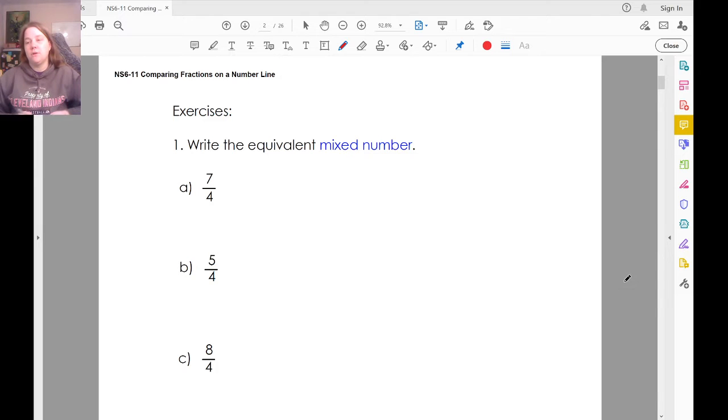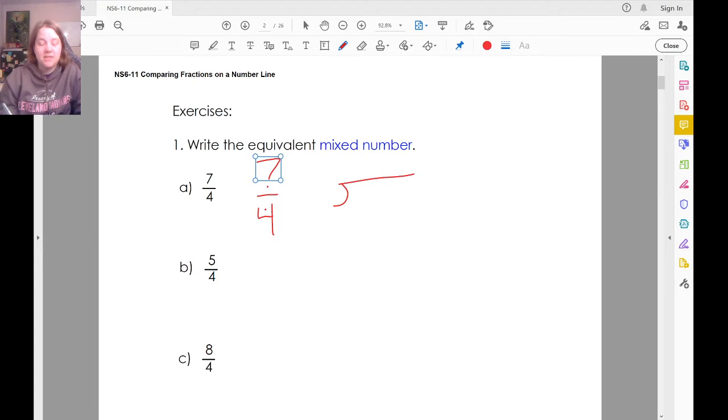So they want you to go ahead and write an equivalent mixed number. So if we have 7 fourths, we want to turn that into a mixed number, which means we want to make the L and divide. Remember that 7 over 4 is the same thing as saying 7 divided by 4, except to remember what number goes on the inside of the division sign, we're going to make the L on the fraction bar, and you can see that L right there.